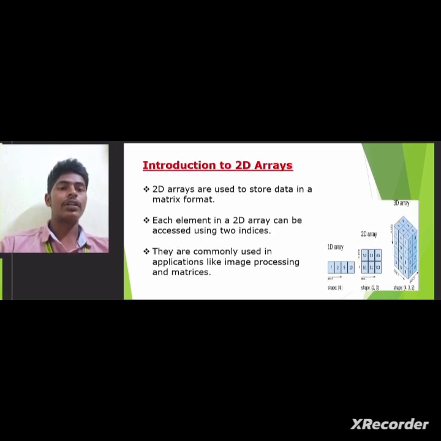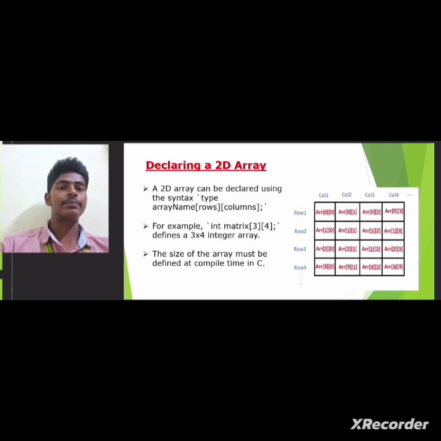Now see, introduction to 2D arrays. 2D arrays are used to store data in a matrix format. Each element in a 2D array can be accessed using two indices. They are commonly used in applications like image processing and matrix operations.